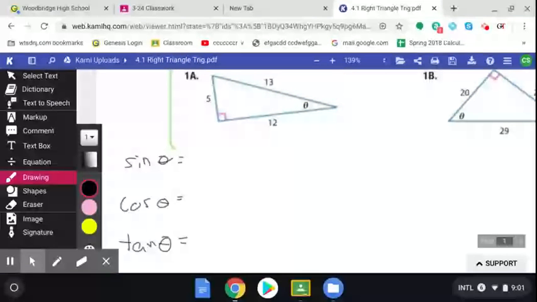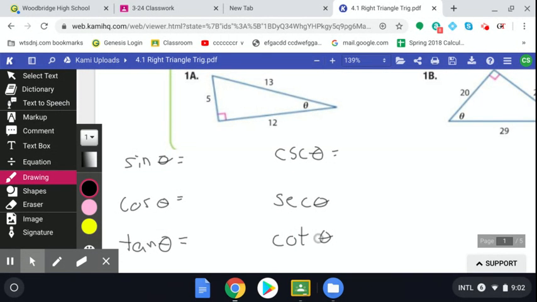They think that sine, the reciprocal should be secant because they both start with S, but it's not. The reciprocal of sine is cosecant, and it can be abbreviated this way, cosecant theta. The reciprocal of cosine should be secant, secant theta. And for tangent theta, the reciprocal is cotangent theta.